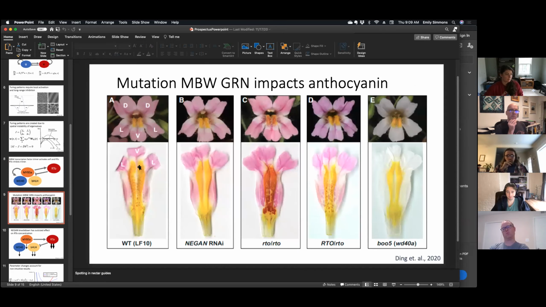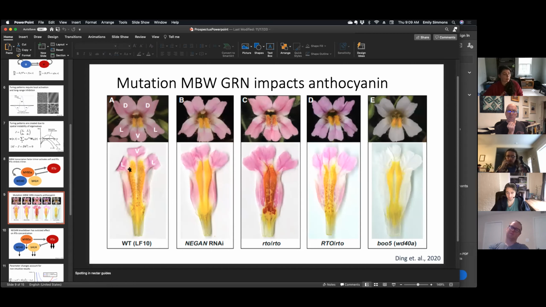So when we're talking about the nectar guides, these are the parts that are very attractive to bumblebees, where the bumblebees want to land. So these nectar guides are the yellow part of the flower, which is saying, hey, bumblebee, land here, land here.